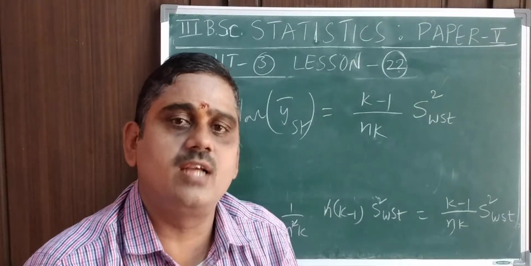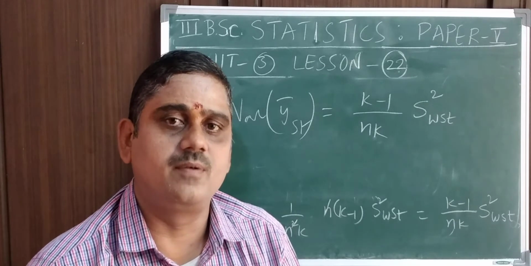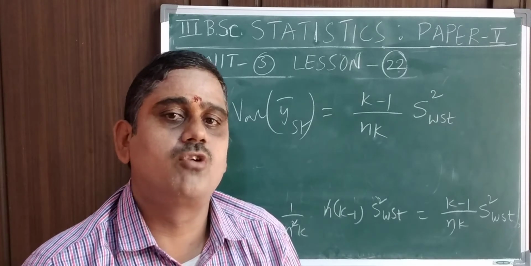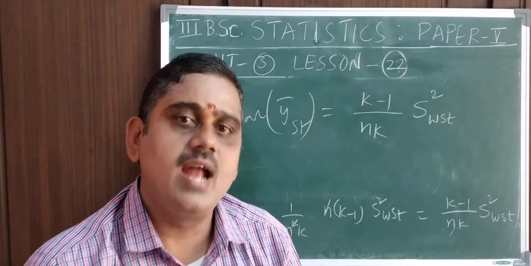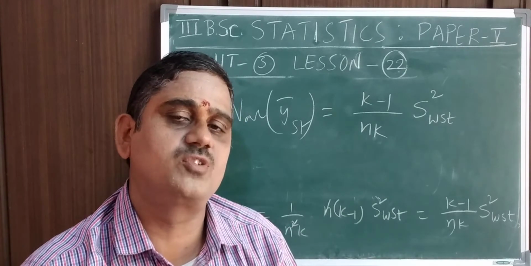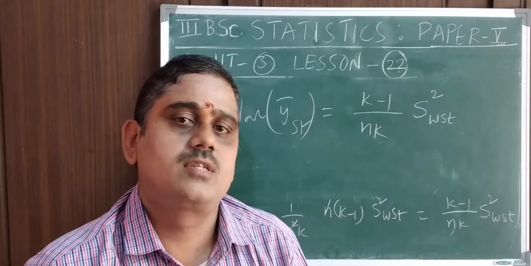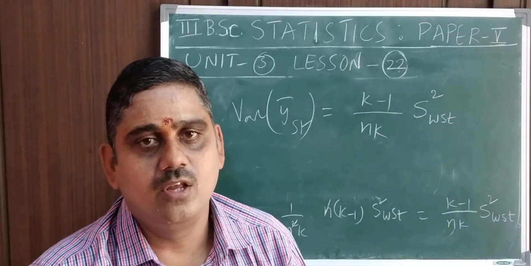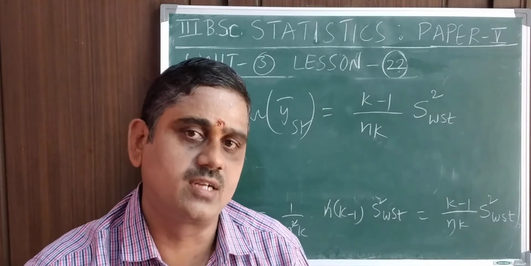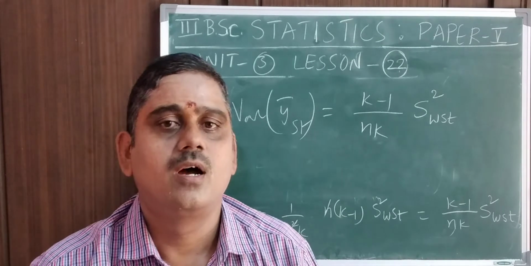Some such relations we have discussed in this lesson: how systematic sampling is related to stratified random sampling, and how all the formulas of stratified random sampling were converted in terms of systematic sampling. How the technique is converted is what has been discussed.